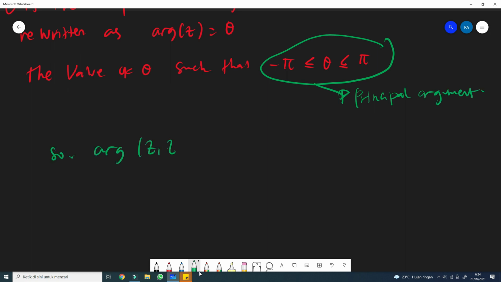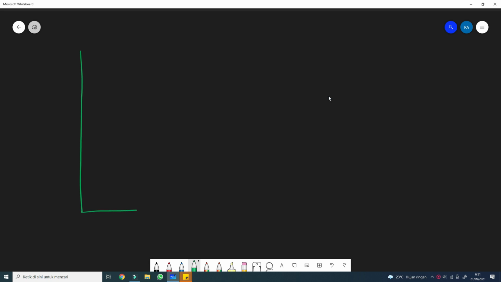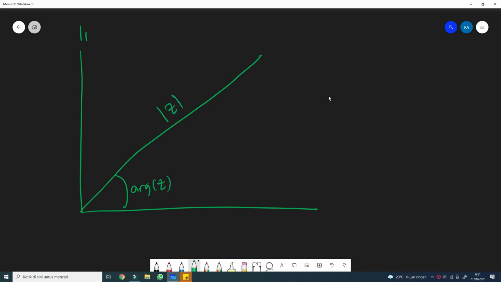So arg(z1 times z2) equals arg z1 plus arg z2, and arg(z1 over z2) equals arg z1 minus arg z2. So if we plot the polar form diagram, it will look like this. Here is the arg of z, here is the absolute value of z, this is the imaginary part, and here is the real part. Also there is the point z here.